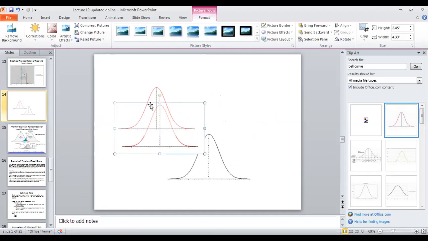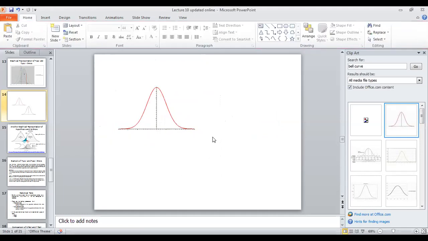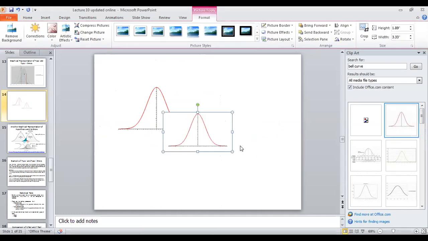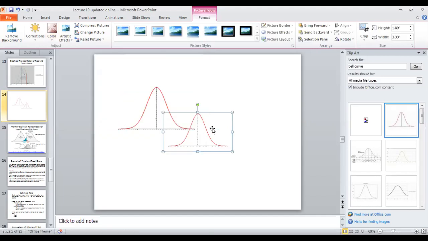Well, it should be working. Let me delete this one and get another one. Yes, and let's make this transparent. Yes, this is better now. So we get these hitches and glitches. Don't worry about it.